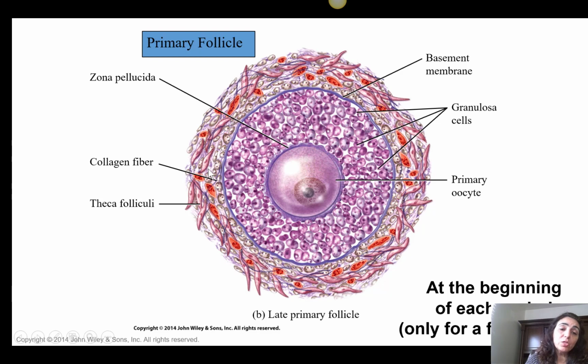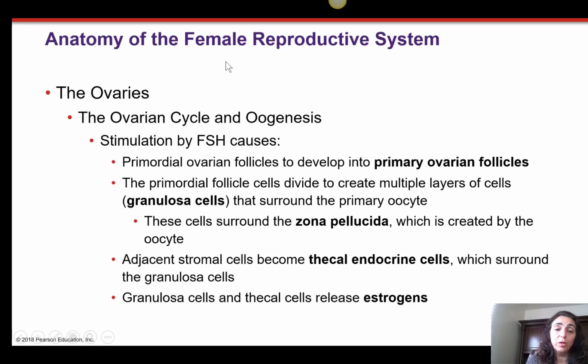In the stromal cells, as you see, some changes are happening and they are making thecal cells, and now the cells that you have around the oocyte are called granulosa cells. Now at the beginning of each period, only a few of the follicles become primary follicles, and these changes are happening today.